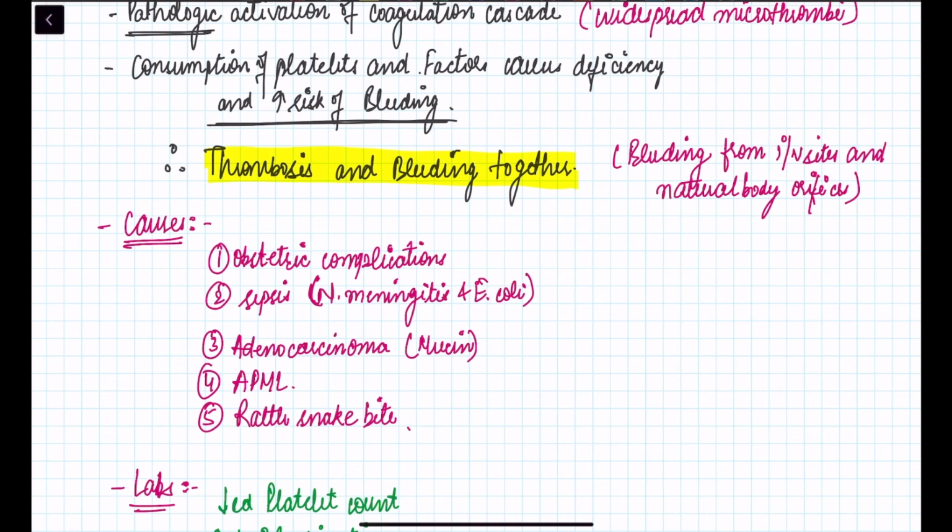Fourth is acute promyelocytic leukemia, where the dense granules containing Auer rods are responsible for the activation of the coagulation cascade. Finally, we have rattlesnake bite, the venom of which causes hemolysis and also has factors that activate the coagulation pathway.